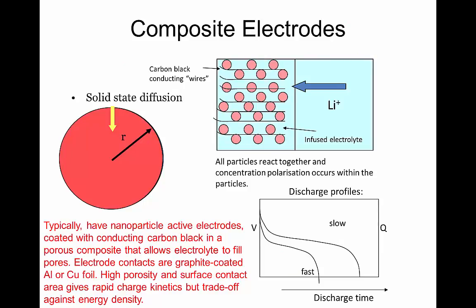At the top there, the orange spheres are our redox active particles, and in order to facilitate electronic conduction, these are usually coated with a thin layer of conducting carbon, or so-called carbon black, and that allows electrons to get readily through the structure from one particle to another and to contact the outer electrodes.